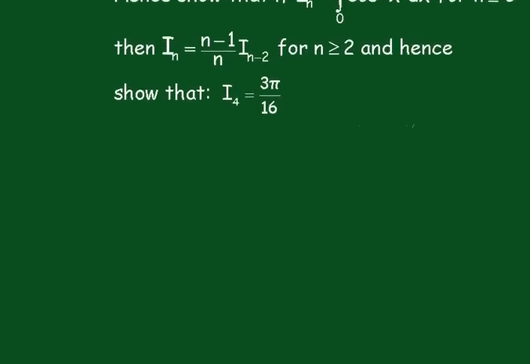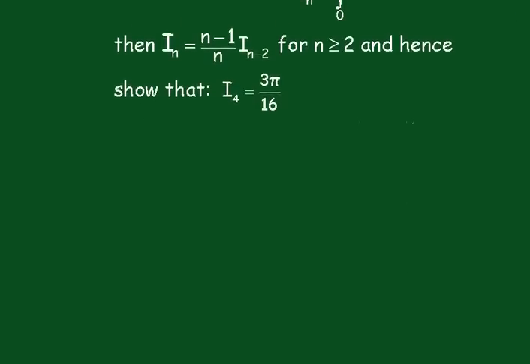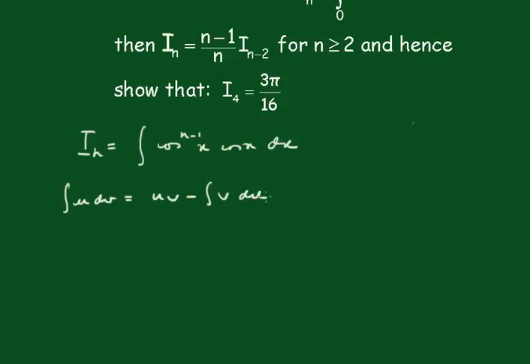Okay, first of all, if you had seen the lesson for the sine power, you do exactly the same thing. So I_n is equal to the integral of cos^(n-1) x cos x dx, and using the integration by parts formula, the integral of u dv equals uv minus the integral of v du.